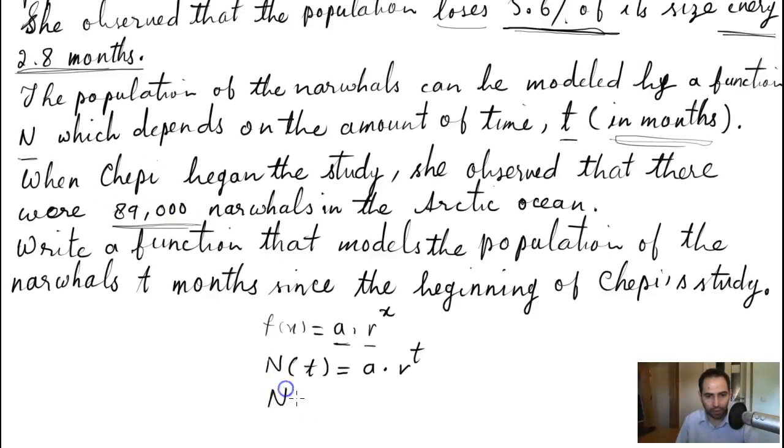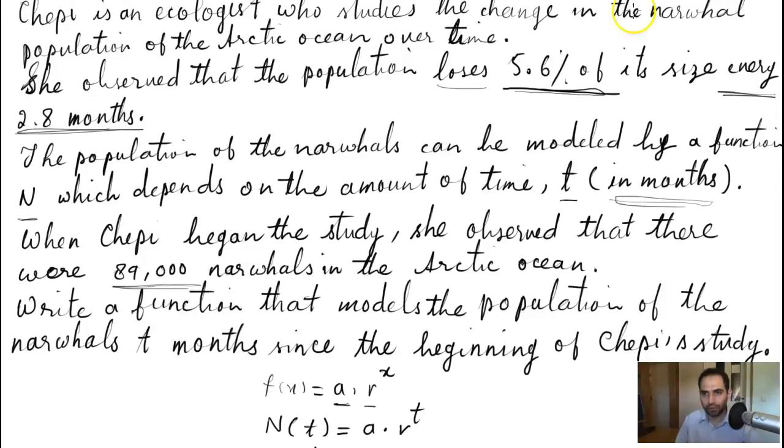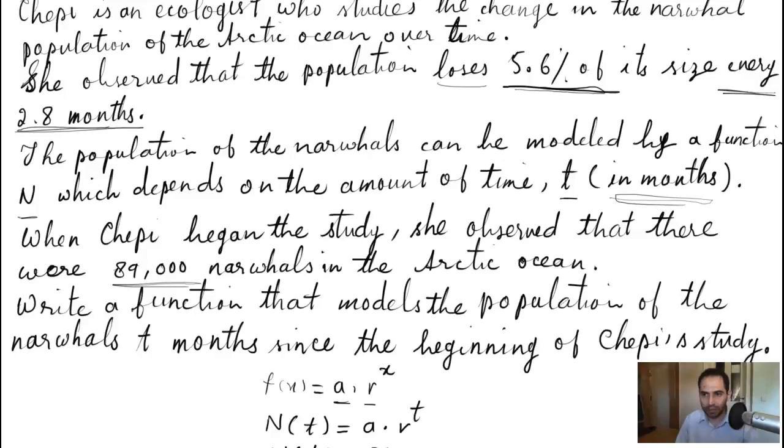So you write this as n of t equals 89,000 times r, which you get from here: losing 5.6% of its size every 2.8 months. For now you can forget about the every 2.8 months part and just focus on losing 5.6% of its size.